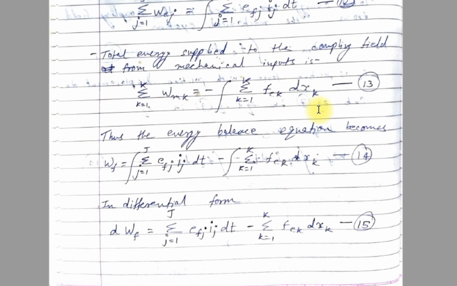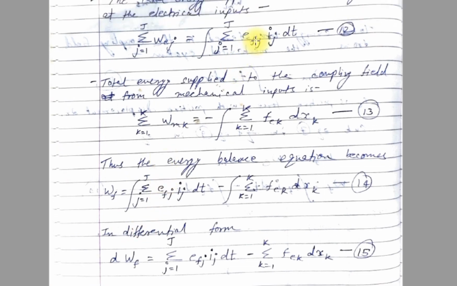So now using this equation, we come to the energy balance equation. So the energy balance equation is nothing but my WF, which is the addition of both my equation number 12 and equation number 13. If I add them up, I just substitute the right hand side of equation number 12 and equation number 13 in my equation number 14.